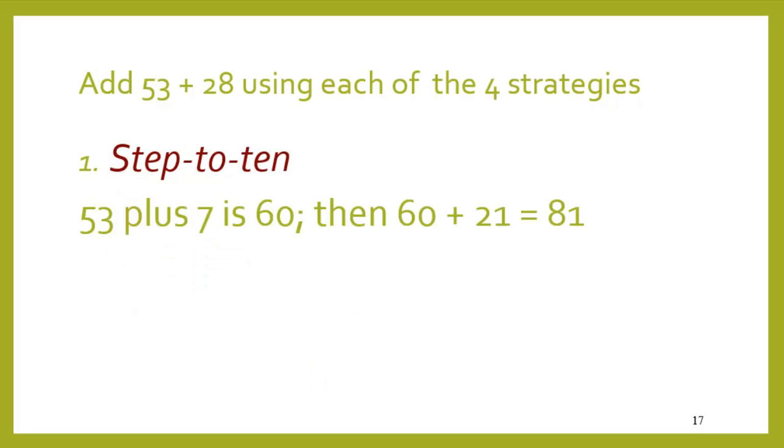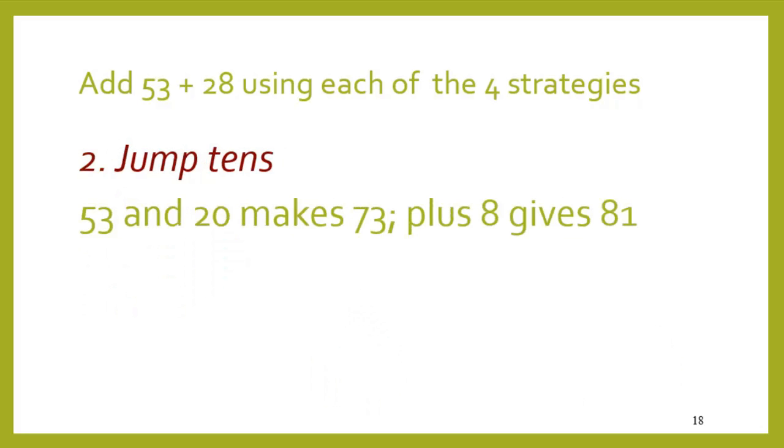When you step to 10, we'd need 7 to add on to 53 to make 60. Right, I've taken 7 out of the 28, there's another 21 to go, so the answer is 81. Jumping by the tens, well, 28, jump 20 from 53 gives you 73, another 7 makes 80, another 1 makes 81.